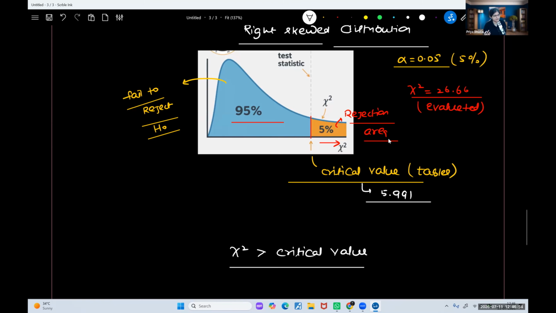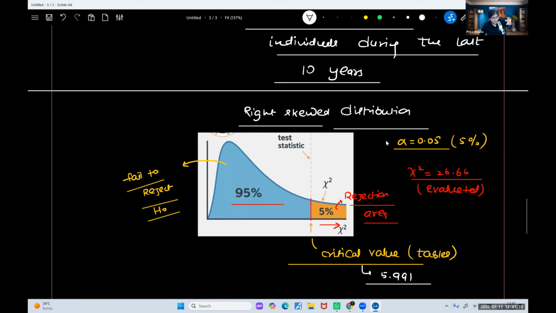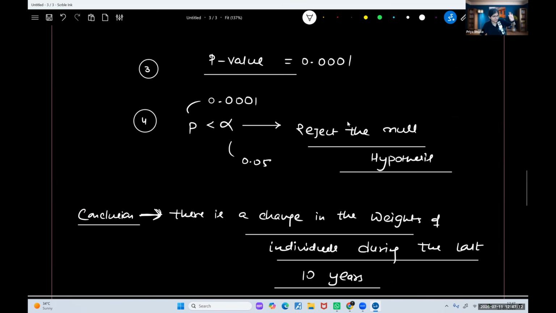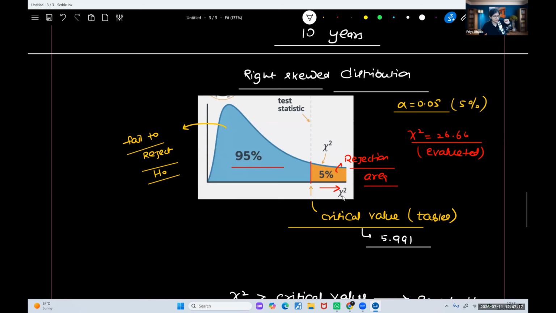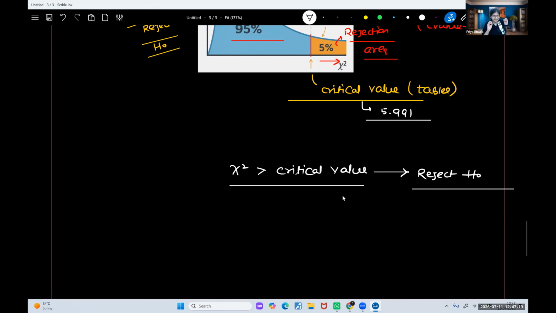It's quite obvious that because my chi-square value is 26.66, it should fall towards the right side of 5.991. And that is the reason over here we will reject the null hypothesis. So you will observe that my conclusion is the same. In the above part also I have rejected, and in the below part also I am rejecting. But the approach is a bit different.